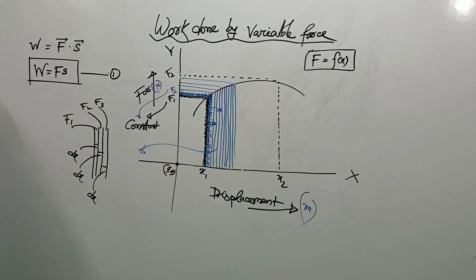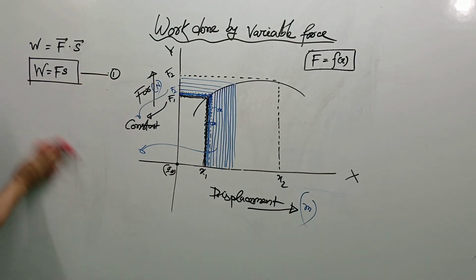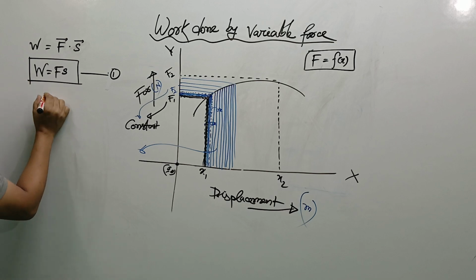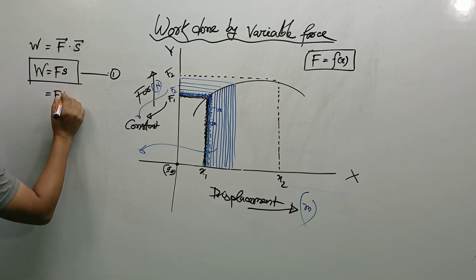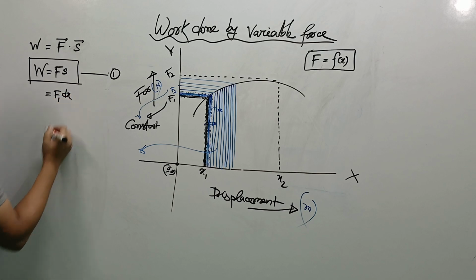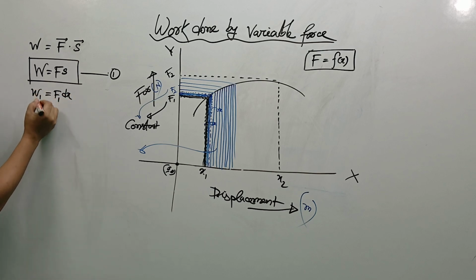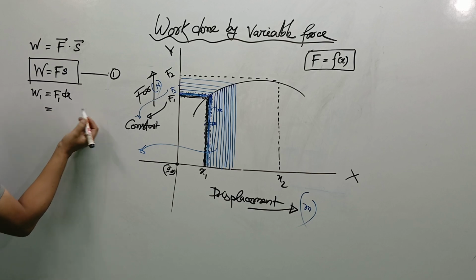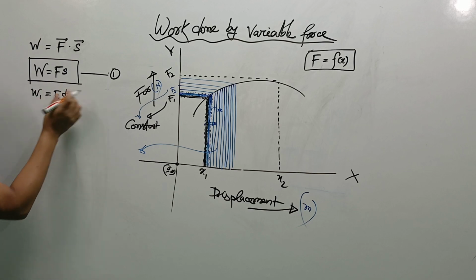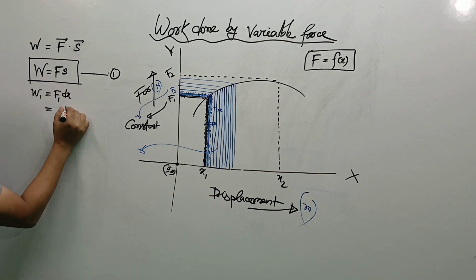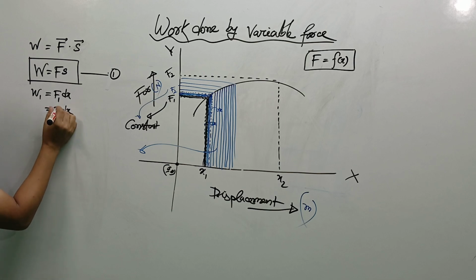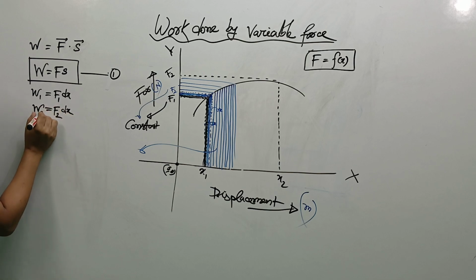Now we know the equation to measure the work done. For the first displacement dx we need force F1, so the work done will be W1. For the second very small displacement dx we need force F2, so the work done will be W2.